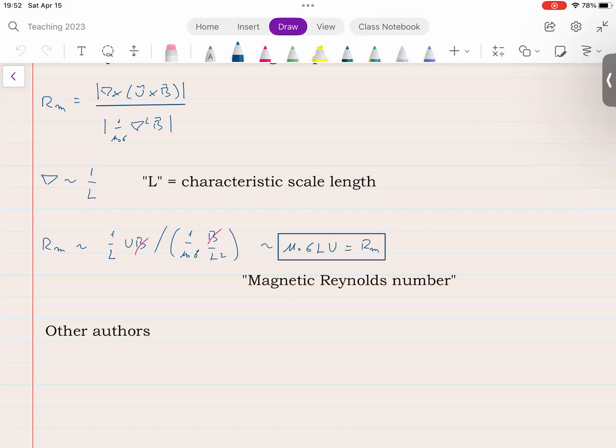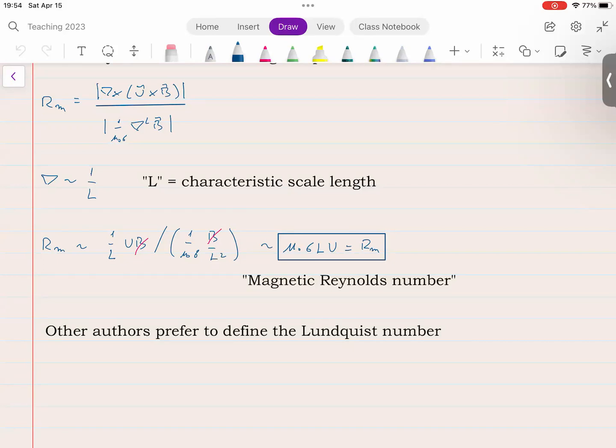In some cases, we see that instead of using the magnetic Reynolds number, we use what is called the Lundquist number, which is basically the inverse of the Reynolds number.